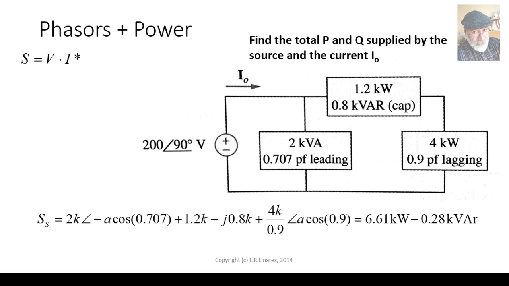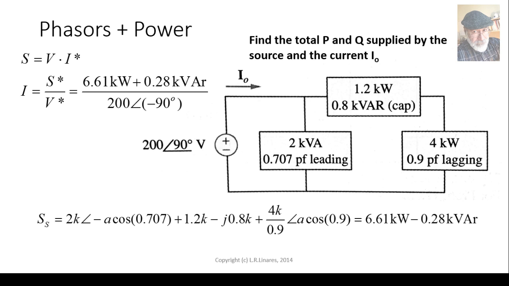And to find the current, we remember that the complex power is the voltage, 200 at 90 degrees, multiplied by the conjugate of the current. We can solve for the current from that equation. We say the current is the conjugate of the complex power divided by the conjugate of the voltage. And again, I missed the j there.